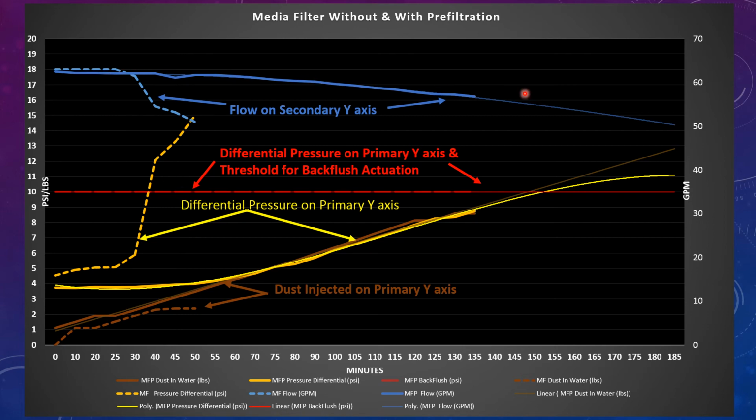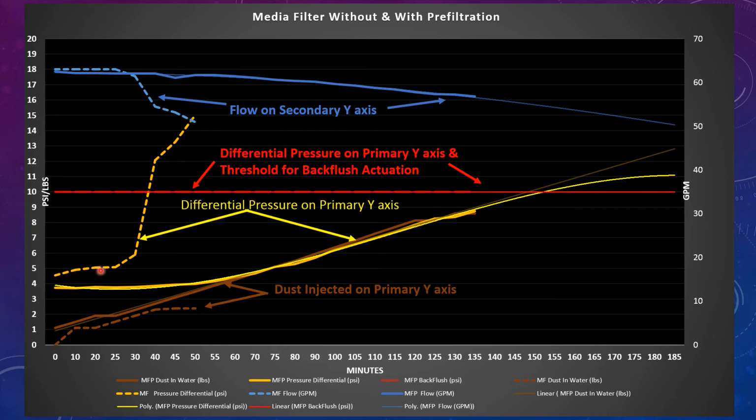The blue lines are graphed against this axis, which is gallons per minute. The yellow and brown are against this axis, the yellow for the PSI for the differential pressure, and the brown for the dust that we injected.